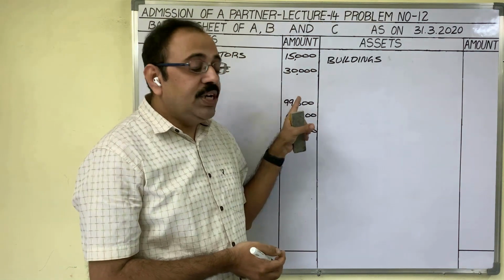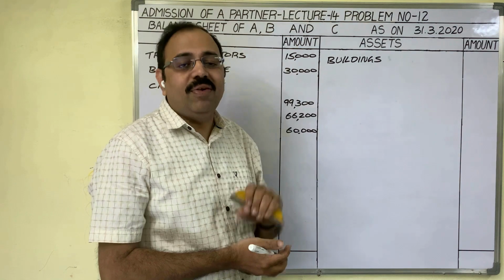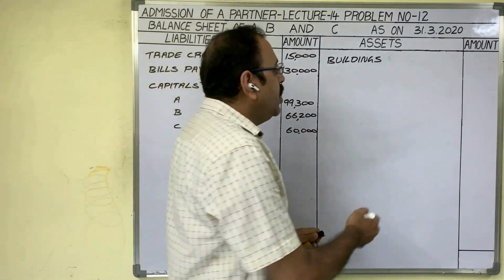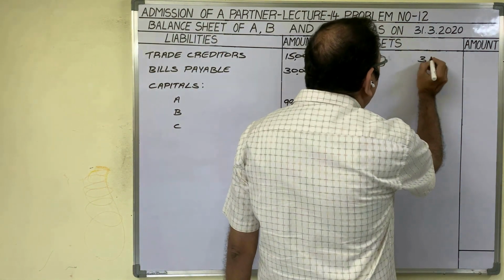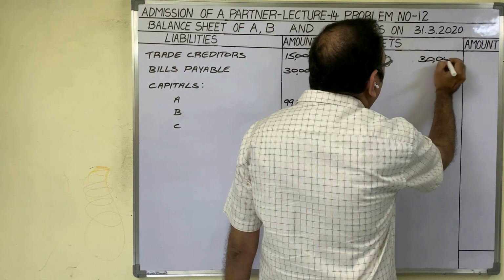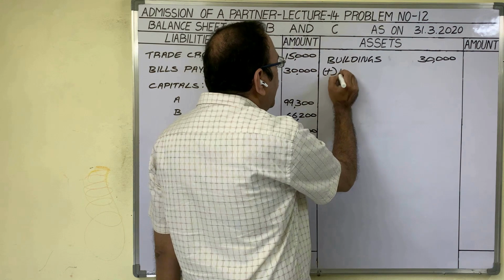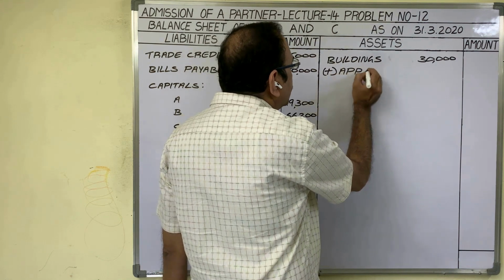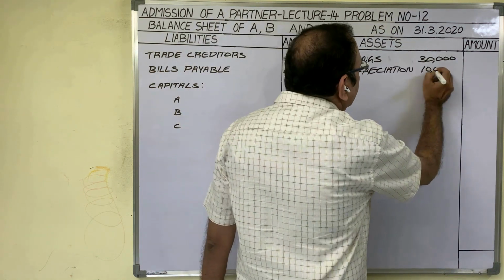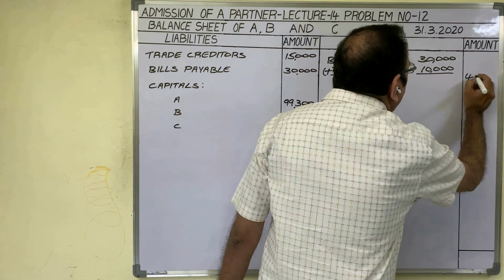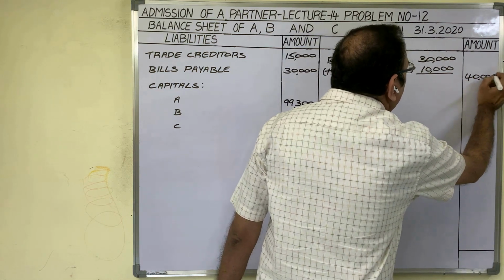In new balance sheet, we have to show only the market values. How is that 40,000 coming? In inner column, book value, old balance sheet value 30,000 rupees plus appreciation 10,000 rupees. Market value of building 40,000 rupees in outer column.